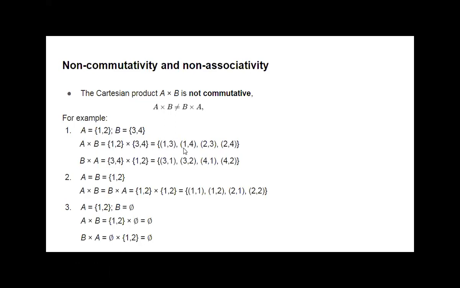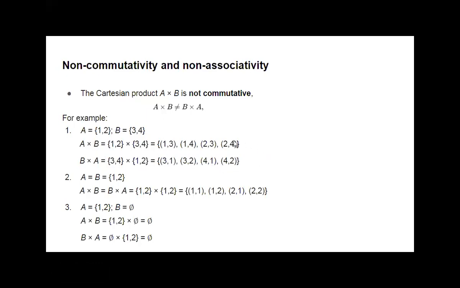Okay. Now what we want to do is B cross A, because what we have to see is whether A cross B is not equal to B cross A. So B cross A, what will it be? 3, 4 cross 1, 2. Then the Cartesian product will be 3, 1, 3, 2, 4, 1, and 4, 2. We can clearly see 1, 3, 1, 4, 2, 3, 2, 4 and 3, 1, 3, 2, 4, 1, 4, 2.